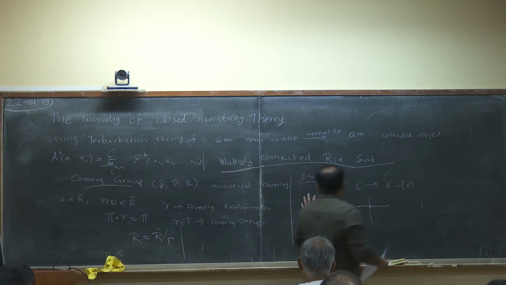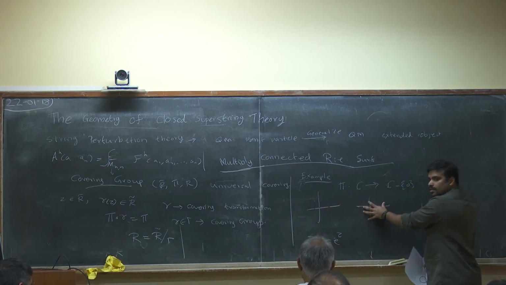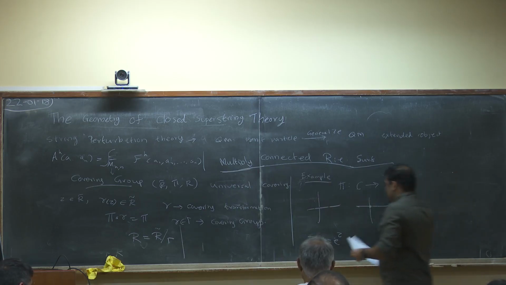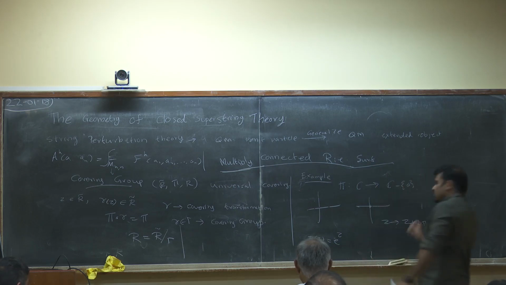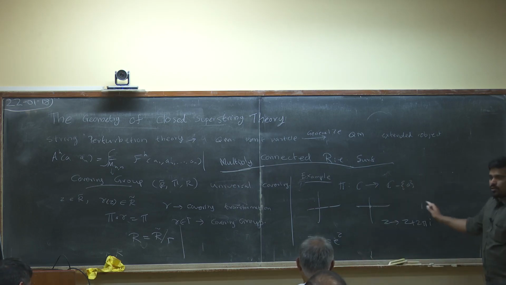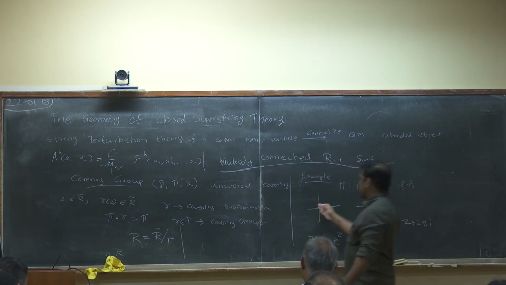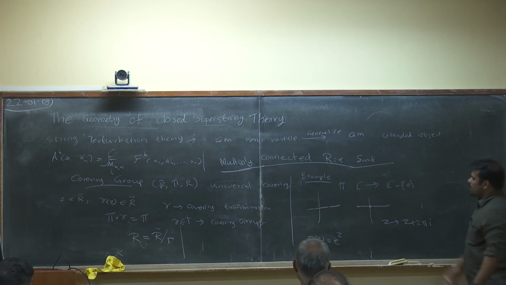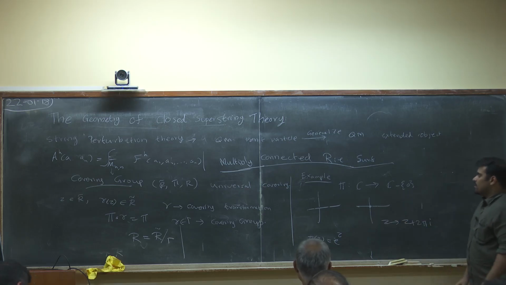So you see that this object is a simply connected surface. Now here you have a multiply connected surface, and the covering transformation is c going to c plus 2 pi i. So this forms a nice U1 group, right? This U1 is the covering group. So if I start from the complex plane and mod out by U1, that will provide me the complex plane with the zero center removed from it.